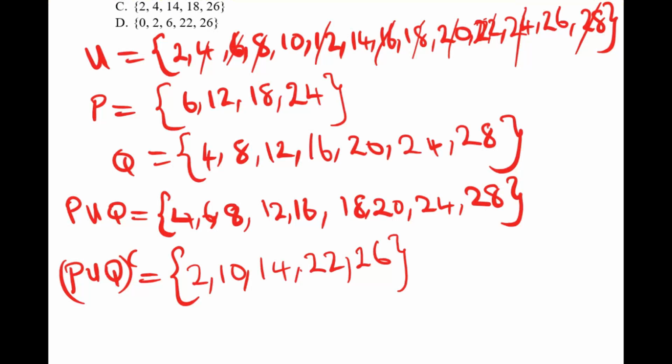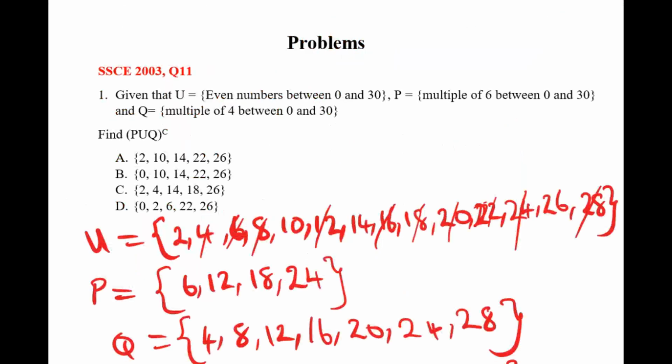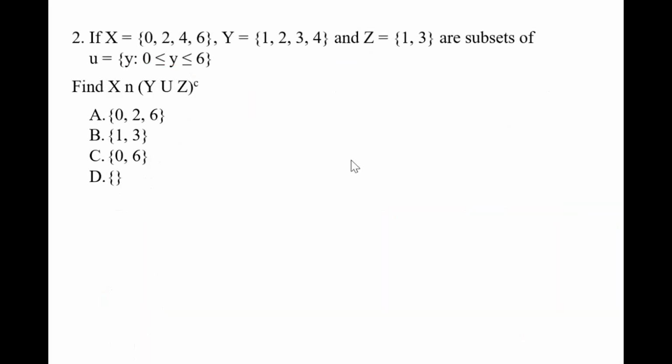The elements of (P union Q) complement are 2, 10, 14, 22, and 26. Going back to our options, we can see that option A is our answer.